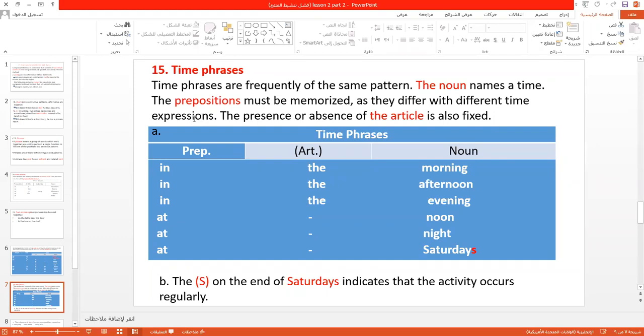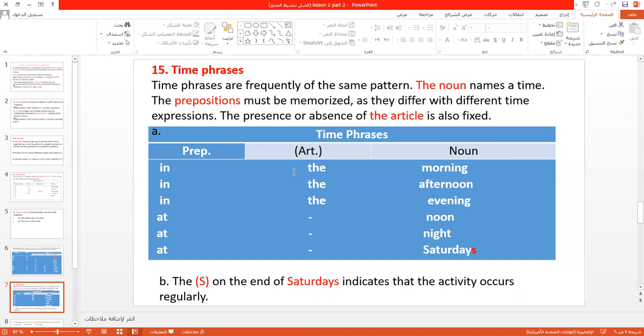So with each time expression there is a specific preposition, so we must memorize, please. There is no rule that tells us to put this preposition with this one. The presence or absence of the article is also fixed. Sometimes you put it there, sometimes we do not put it there. This is something fixed and also must be memorized.